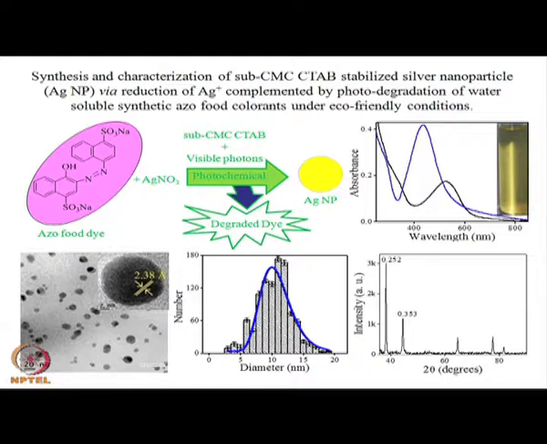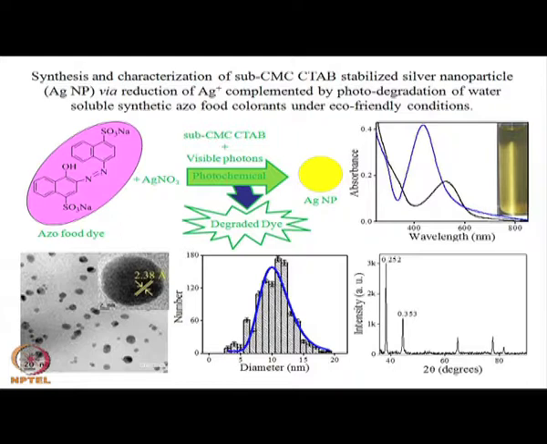So that is why it is called an eco-friendly condition. Now let us look at the possible application of this nanoparticle. The nanoparticle is generated, and then how can it be used for some application?